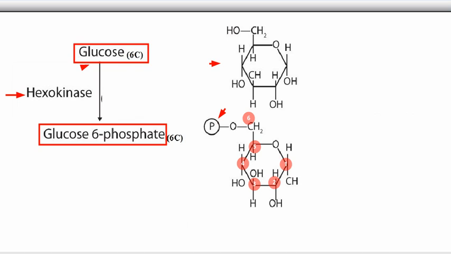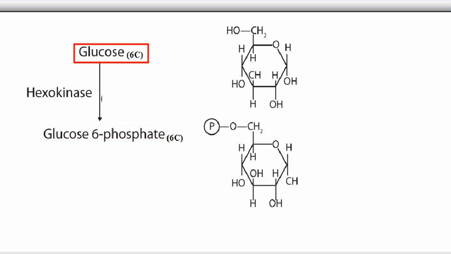Now, one should understand that phosphate is added to glucose. Here it is, the phosphate. But where did this phosphate come from?